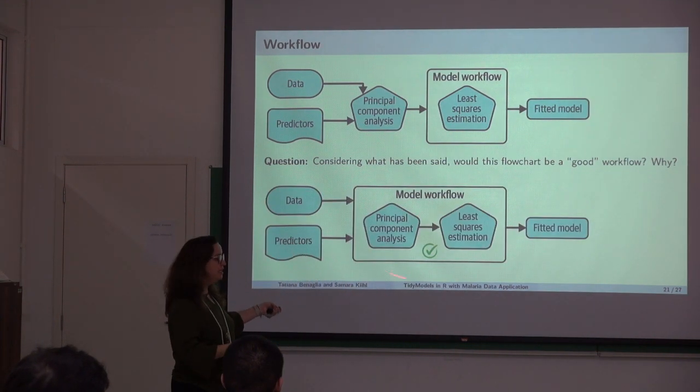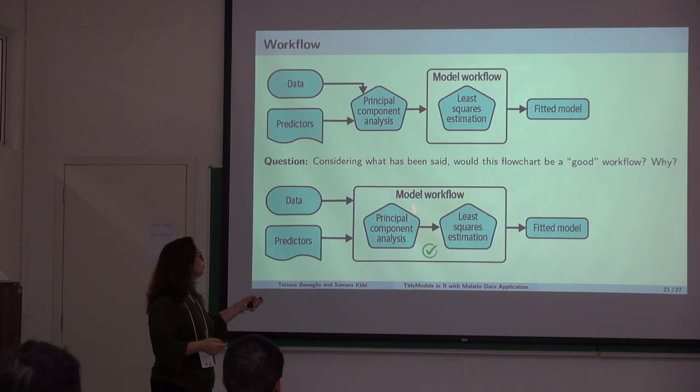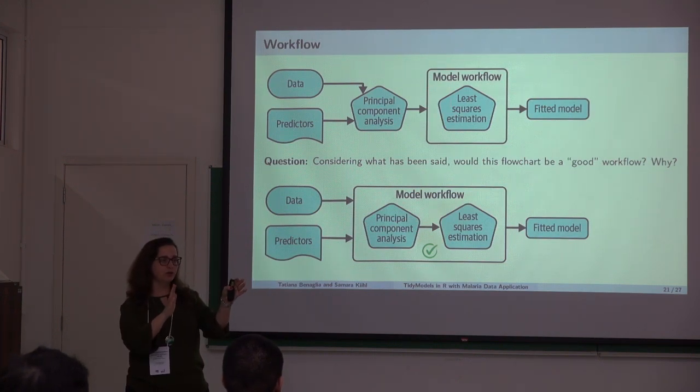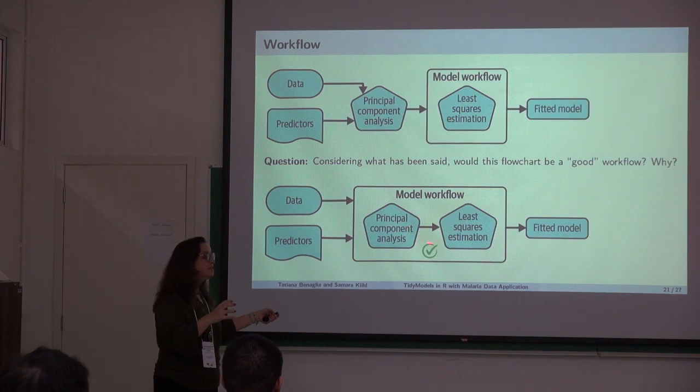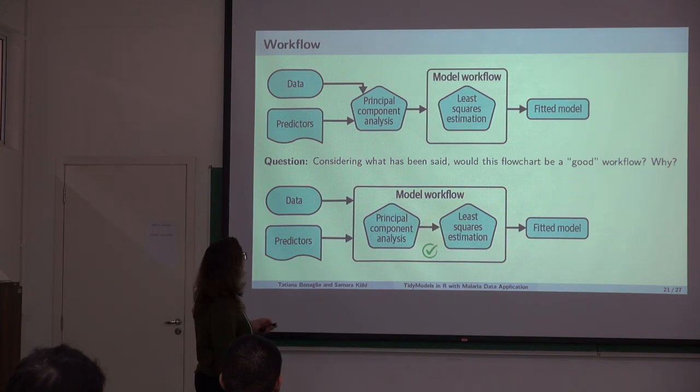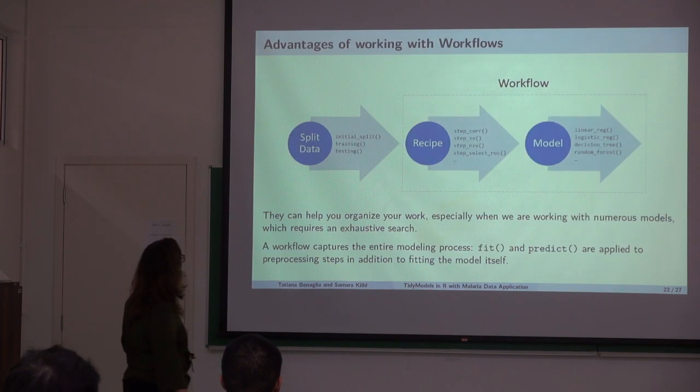So that should be in the workflow. Okay, so PCA is included here. So that's what you need to think. The workflow is not just fitting your model. It's the recipe, the pre-processing, and then the model specification. Okay? And then we have your model fitted.